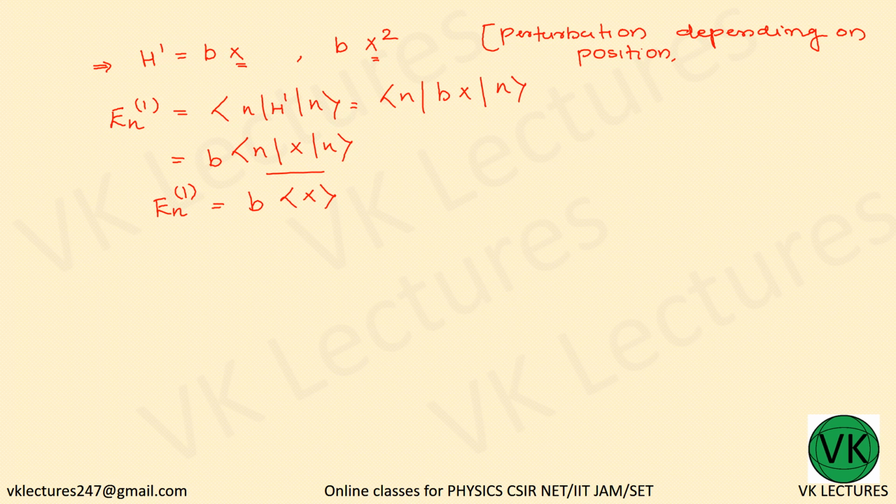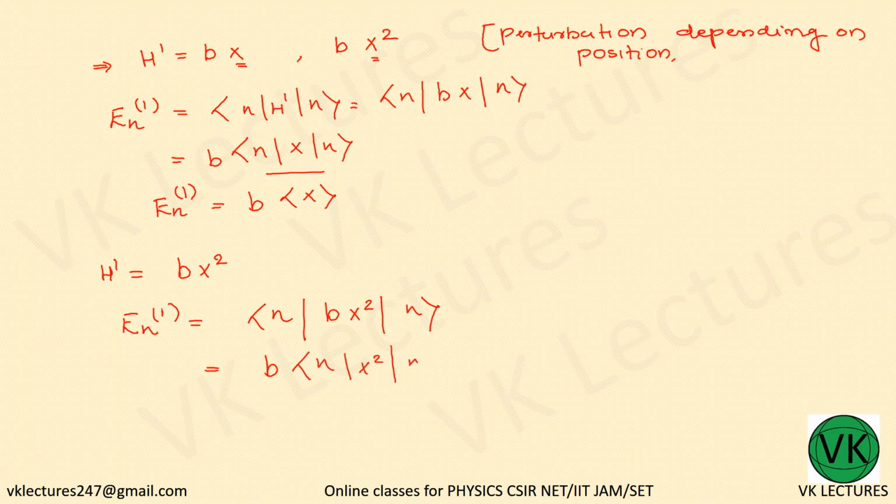Similarly, if h dash is equal to bx squared, then En, the first order correction to energy, is given by n bx squared n. We will get b, which is constant, n x square n.